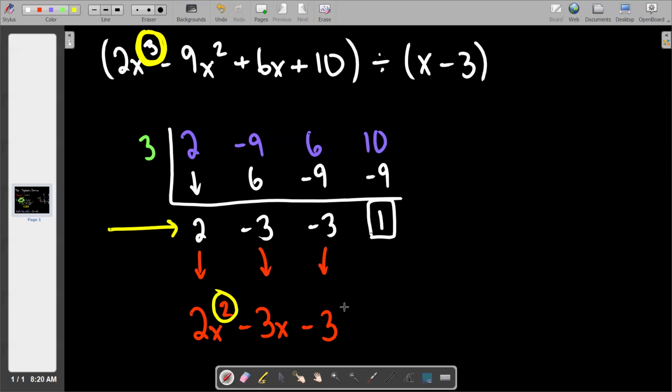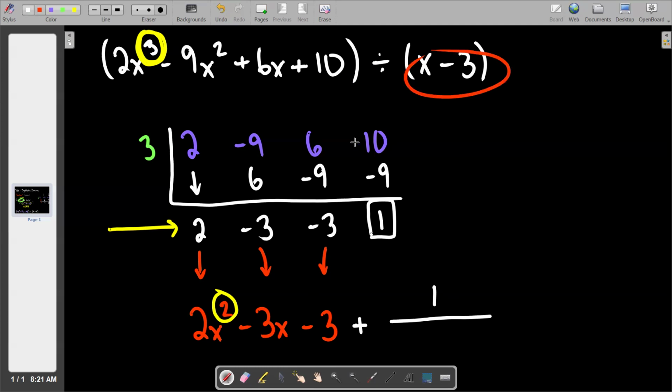Okay. Now there's a remainder, huh? So what we do is we put plus, and then we make a fraction. And what is the remainder? 1. And what is the divisor? 3. Nope. 2. Nope. I'll give you a hint.